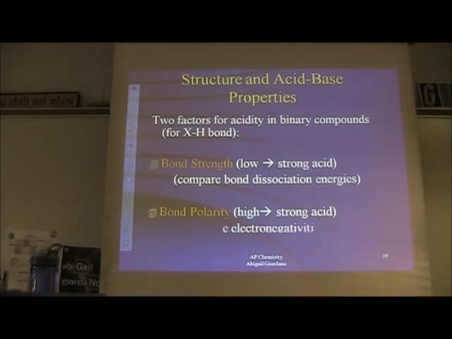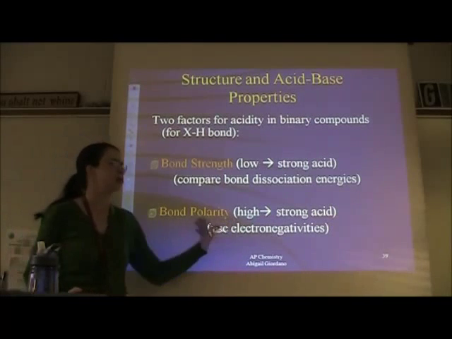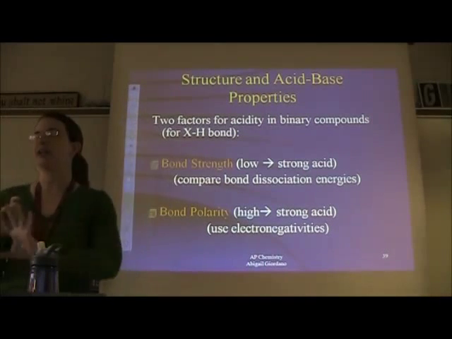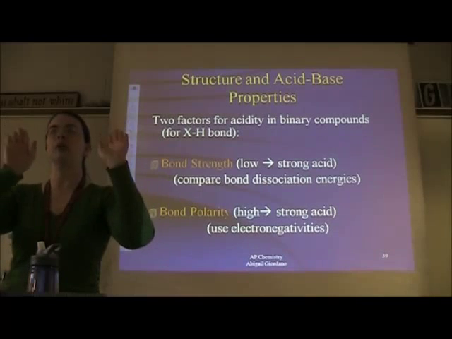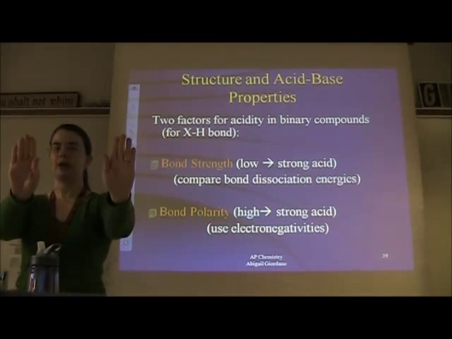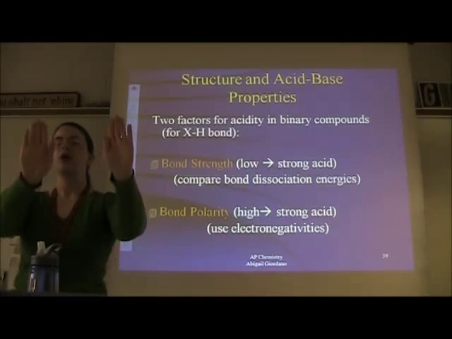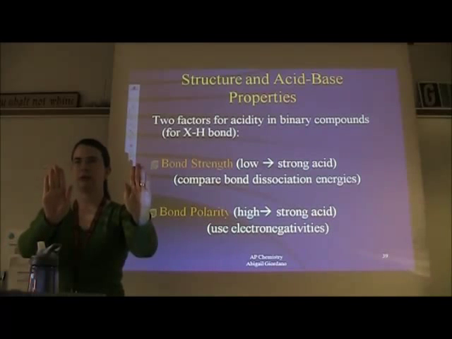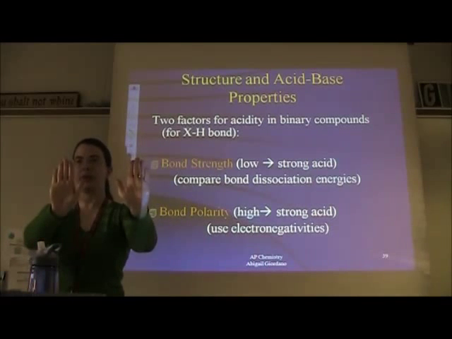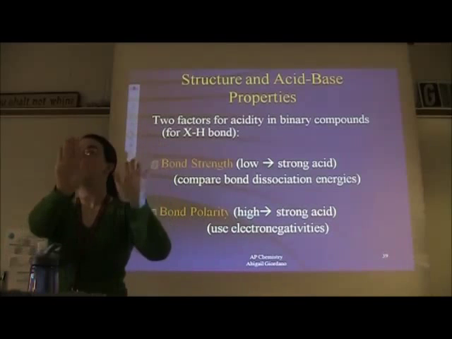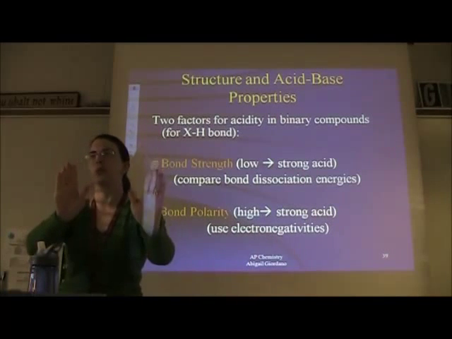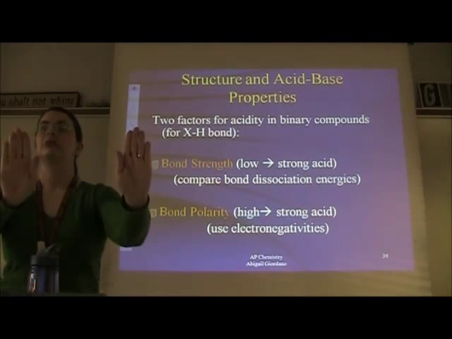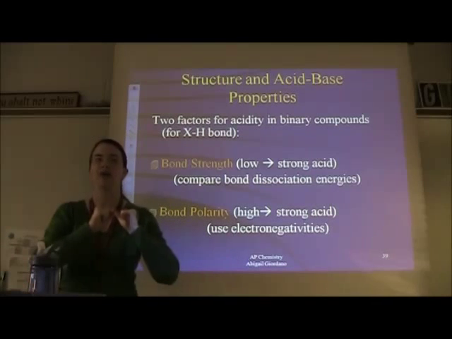Another thing you can think about is polarity. Now, we haven't talked about bond polarity in a while. I'm not talking about an entire molecule, just a single bond between two elements. There's a pair of electrons between them. What does a polar bond mean? Not a molecule, just one bond. There's a difference in electronegativity. What does the word electronegativity mean? Attract electrons to themselves.